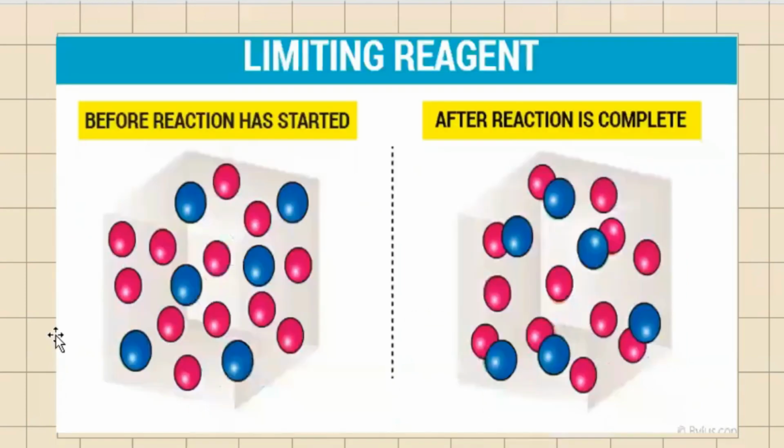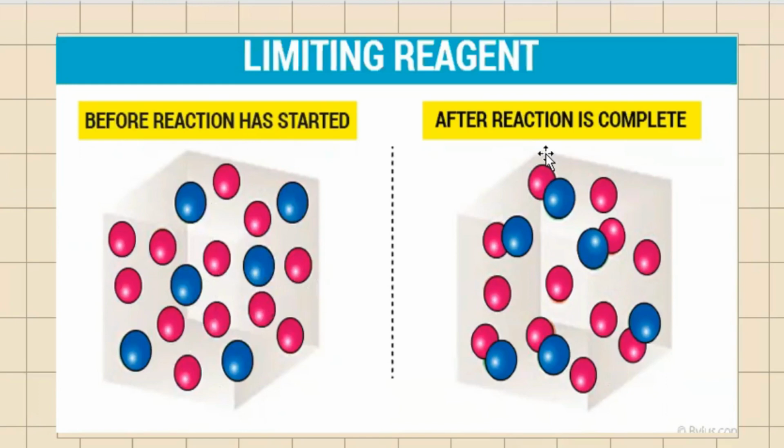Next, look at this, the red and dark blue colors. Before the reaction has started, there are red colors and blue colors. The number of blue colors is smaller than the number of red colors.